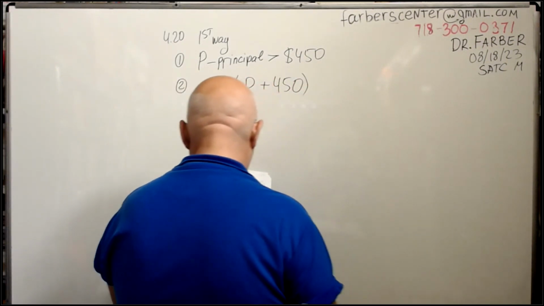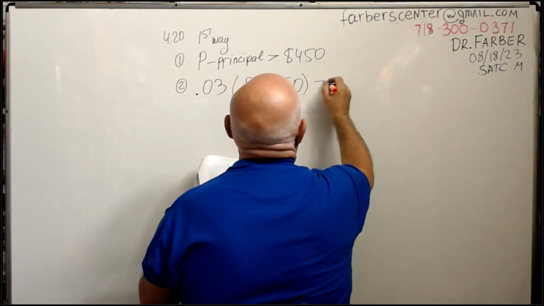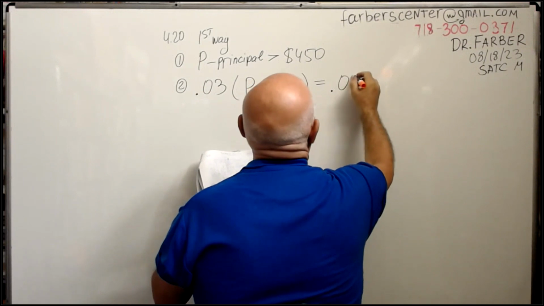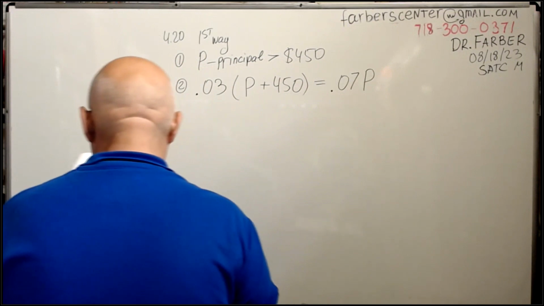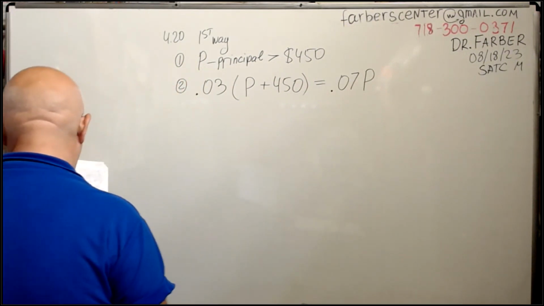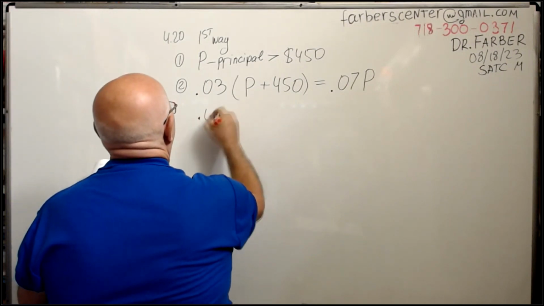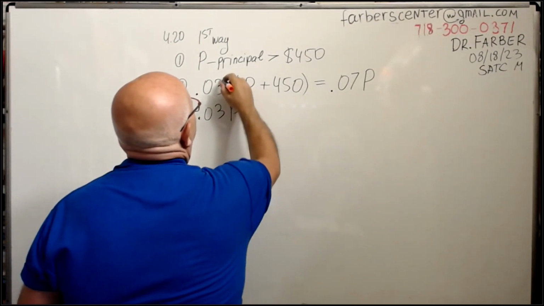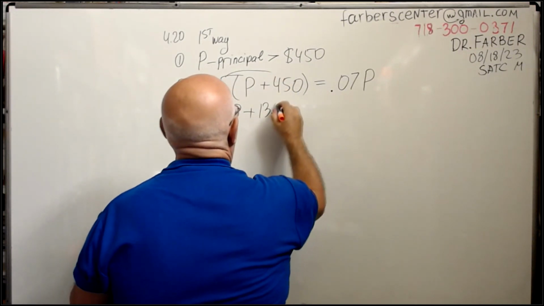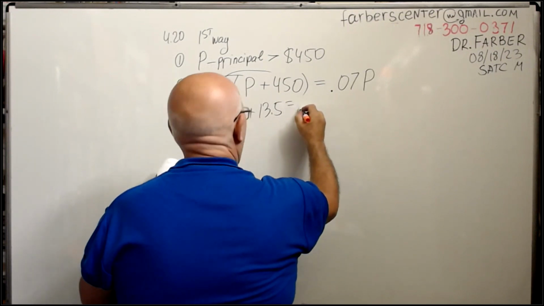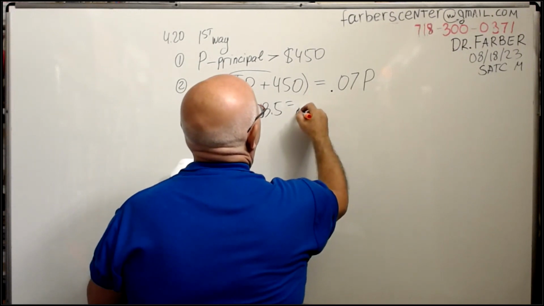It is supposed to be equal to 0.07 of principal according to this rule. So if you multiply everything, I get 0.03p plus the distributed 13.5 equals 0.07p.